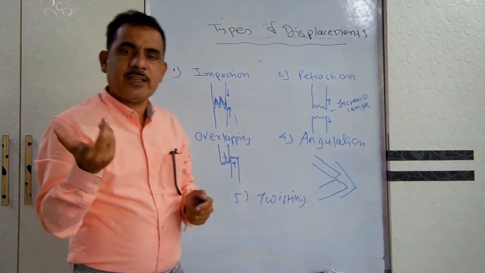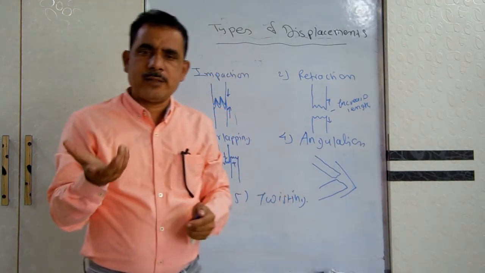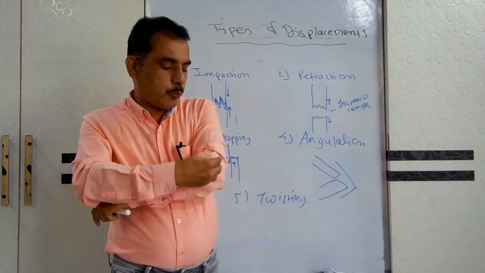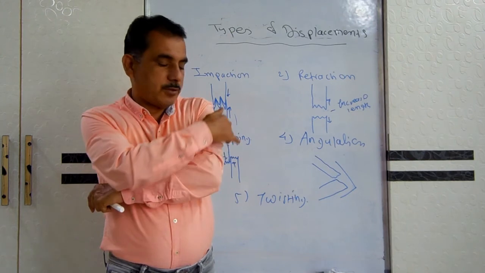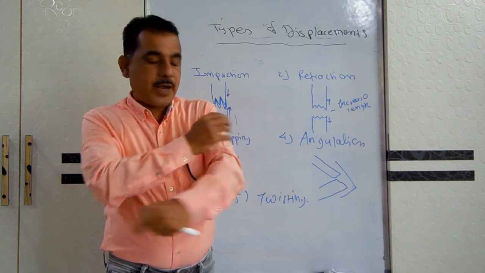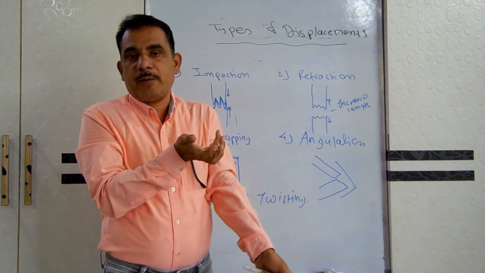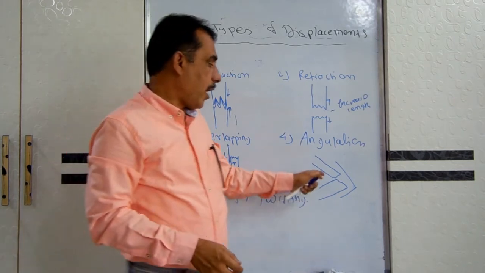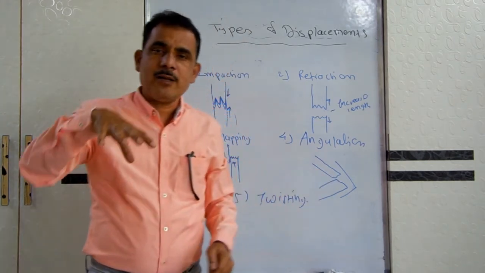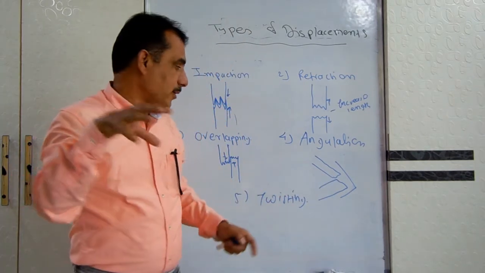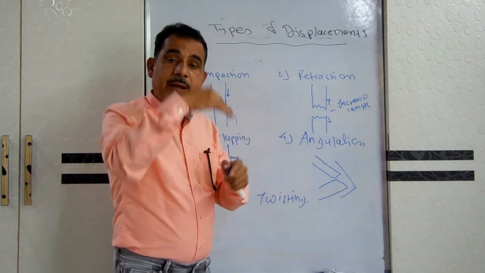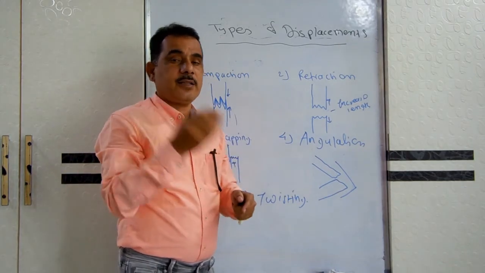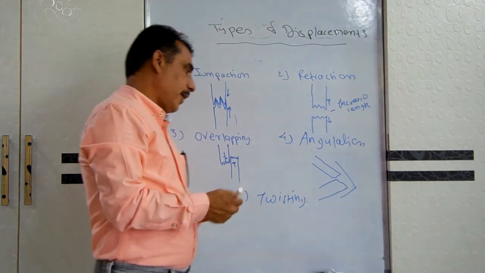And angulation is identified by the deformity, isn't it? There is a projection to that side. Suppose this is posterior angulation, so you will see the bend posteriorly. If it is anterior, you will see the anterior bend. So that is the angulation. In angulation, shortening is also there, but shortening is not considered for the diagnosis. The bending is considered for the angulation.